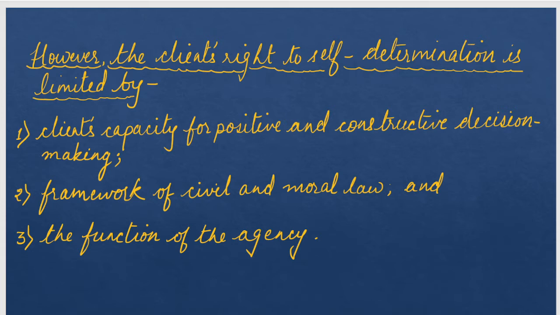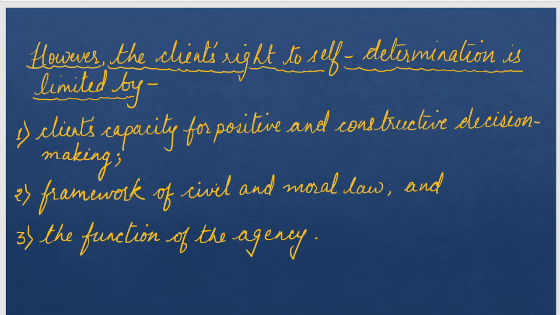The first condition where his rights are limited is his own capacity for positive and constructive decision making. See, every client is not that balanced in his life that he has a capacity for making constructive decisions about his life or about his problematic conditions. So, here the rights are limited.